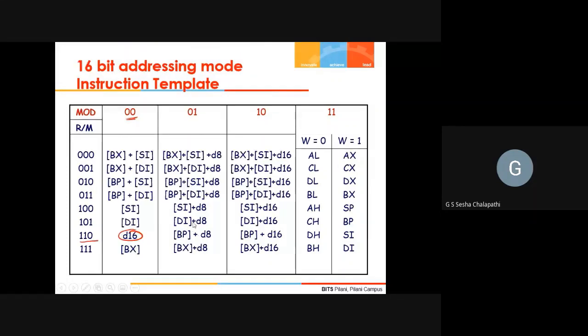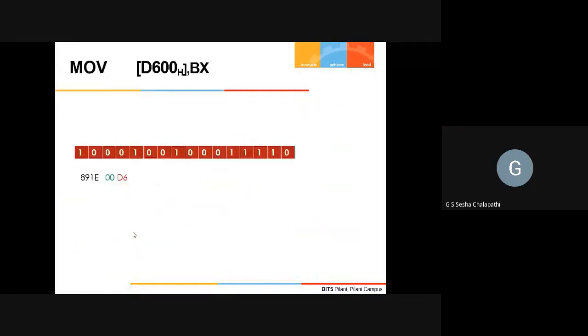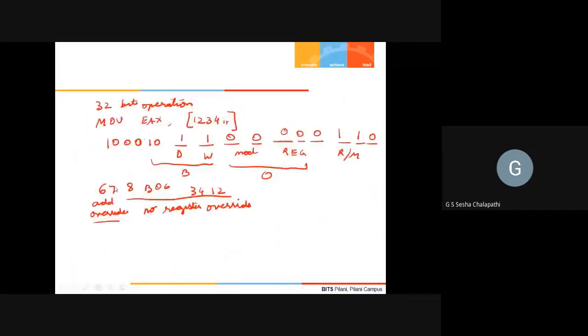But since you are using this particular template, you will have an address override, which is mentioned as 67H in this case. Address override is 67H.